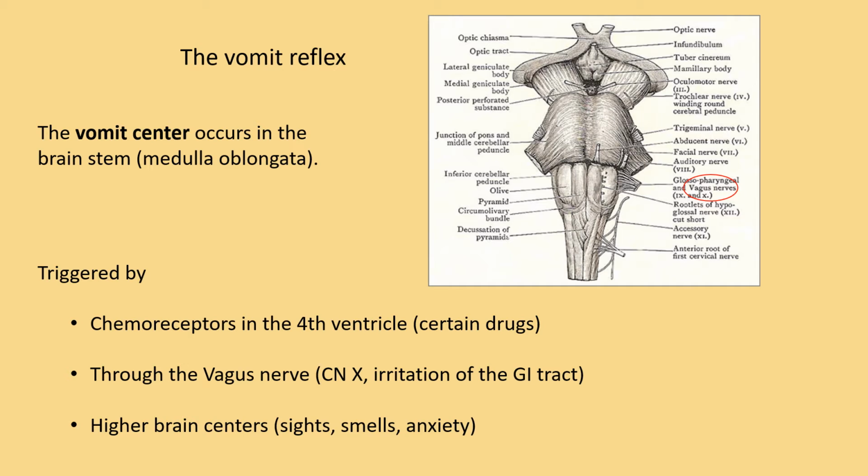You do have to open your mouth, and the superior portion of your esophagus is made out of skeletal muscle. But primarily, the effector is smooth muscle in the wall of the stomach and the wall of the duodenum and the lower esophagus. All right, so the vomit reflex is an instinctual, cranial, autonomic reflex.